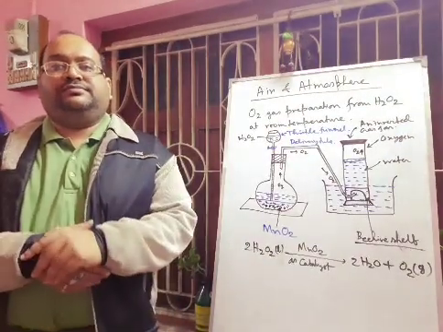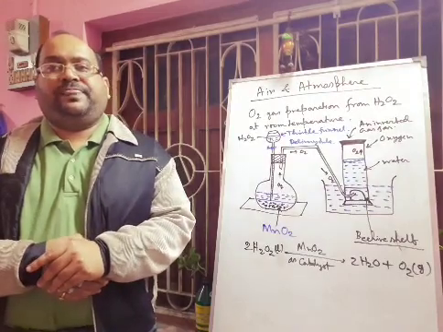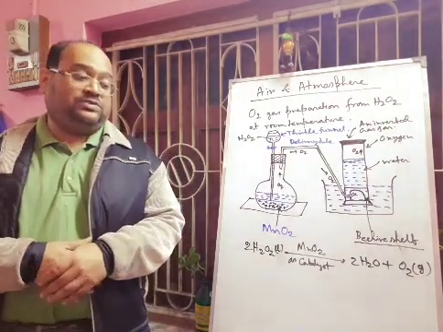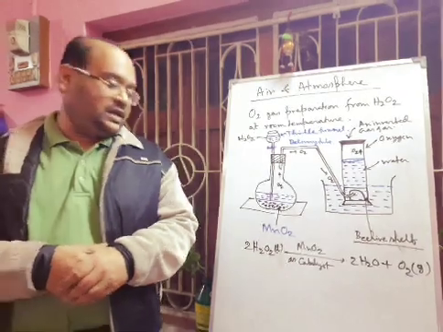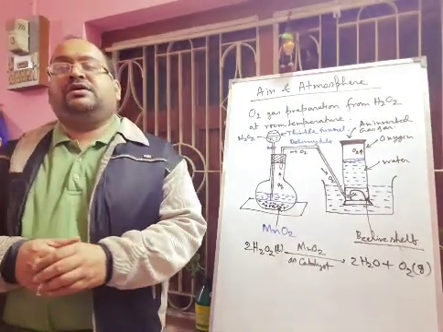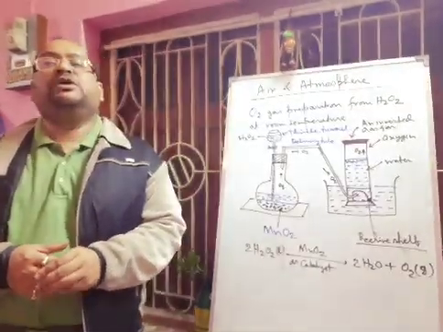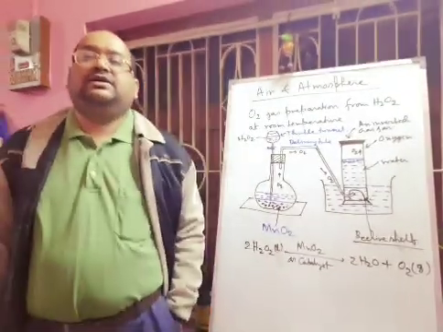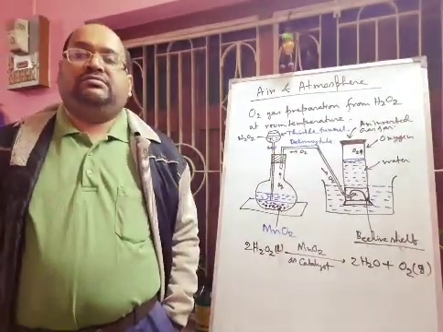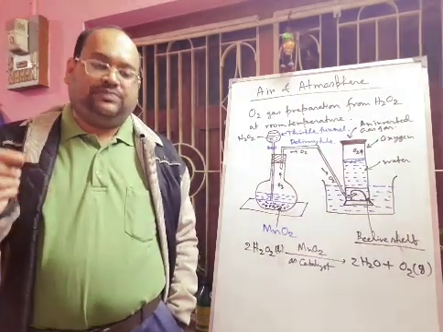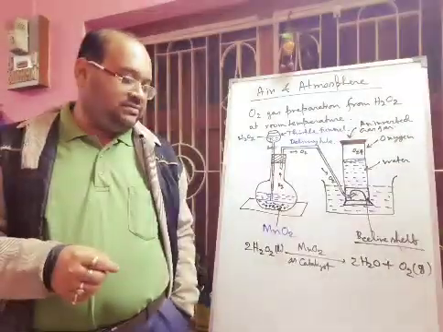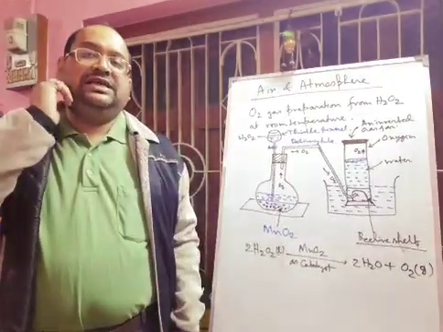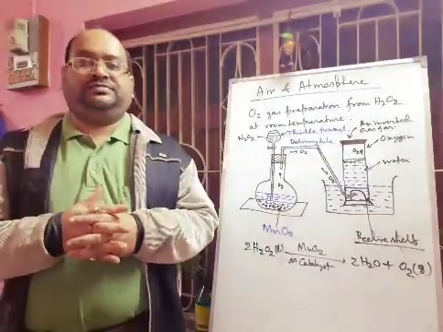If you take a moist blue litmus paper, here I don't have any blue litmus paper so I cannot show you today. If you enter a moist blue litmus paper into the cylinder where oxygen is present, there will be no change of color.